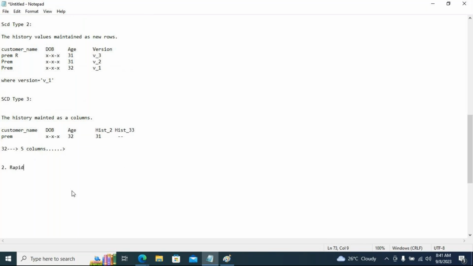The second type of dimension is rapidly changing dimension. What is the rapidly changing dimension? We can call this an RCD.